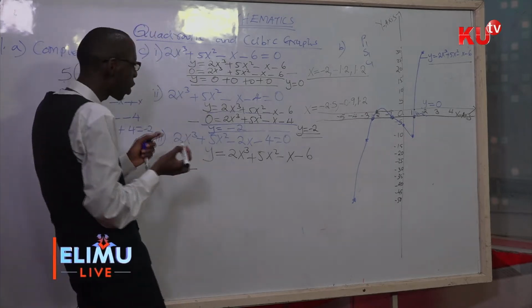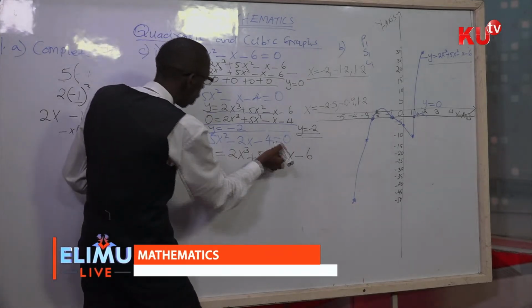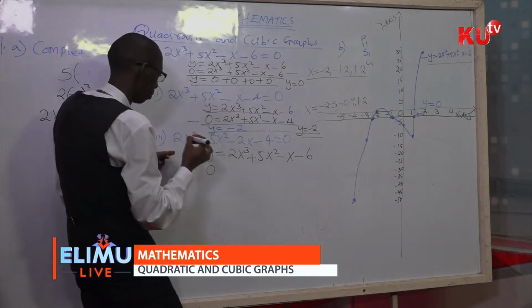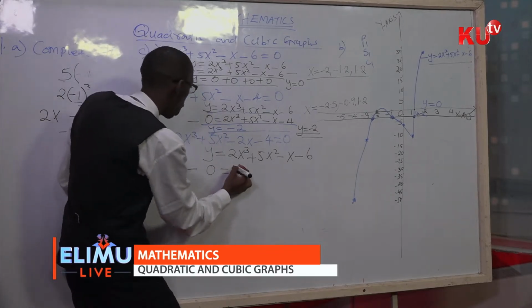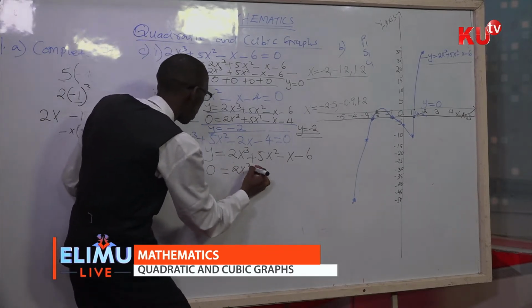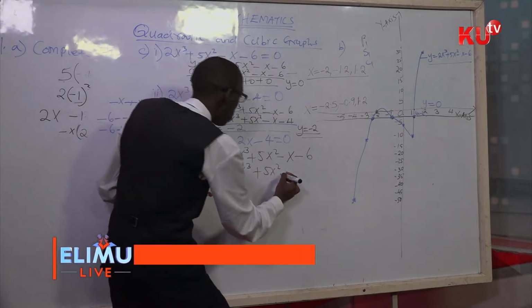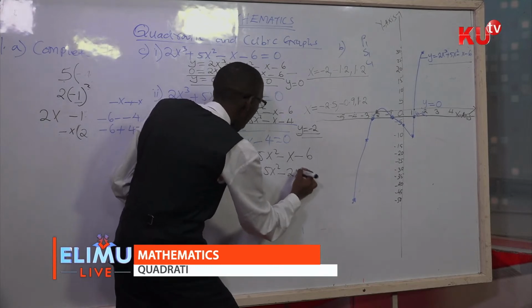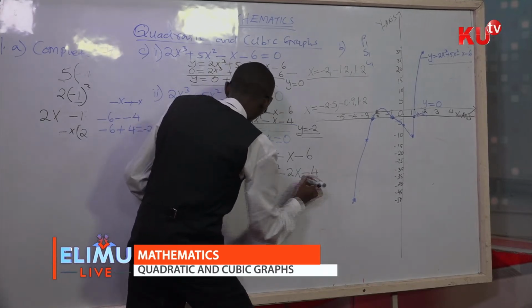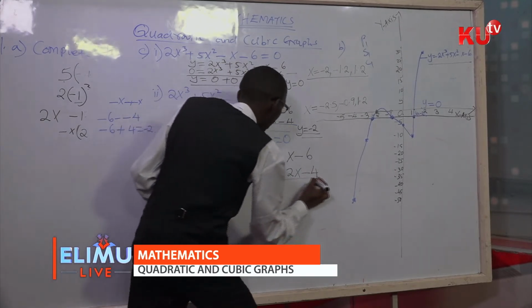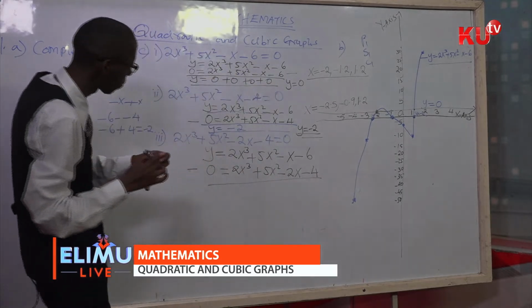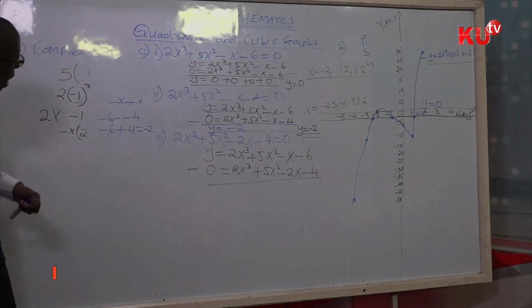Take the equation of the graph, subtract the equation you are solving, and you start from 0. 0 is equal to 2x cubed plus 5x squared minus 2x minus 4.